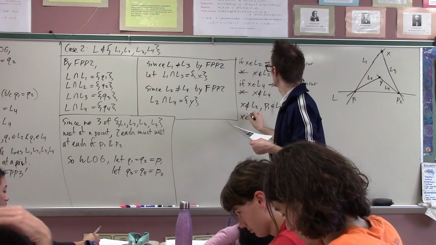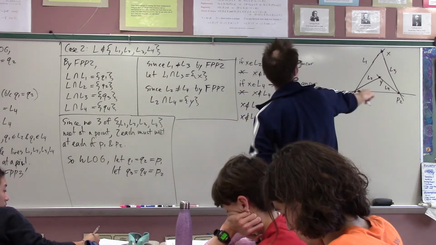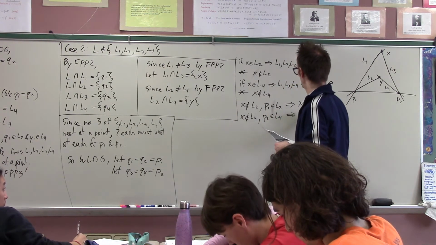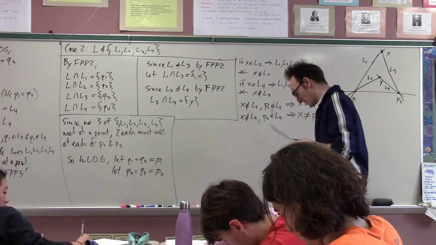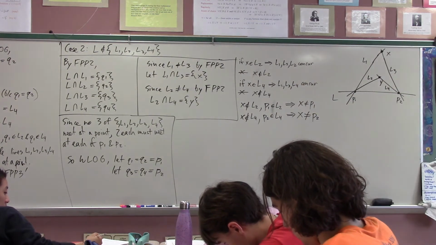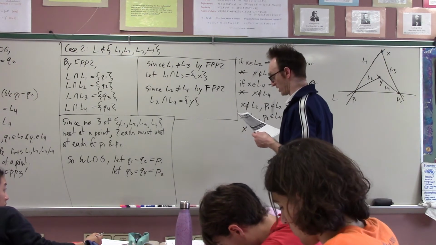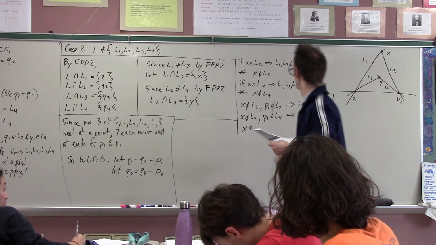X is not on L4, but what is on L4? P2 is on L4. Conclusion, X is not P2. And I will also note that X is therefore not on L, wait, why is that true?